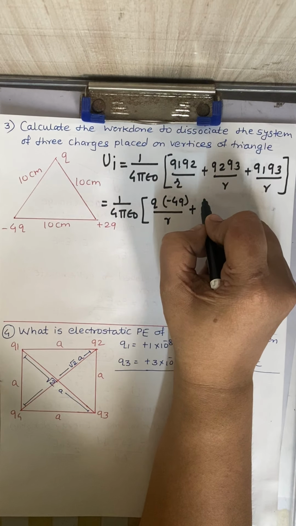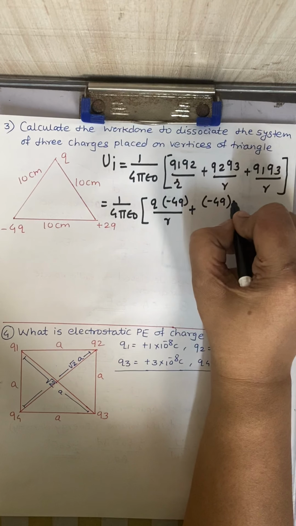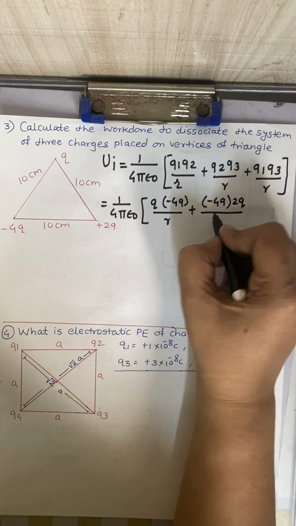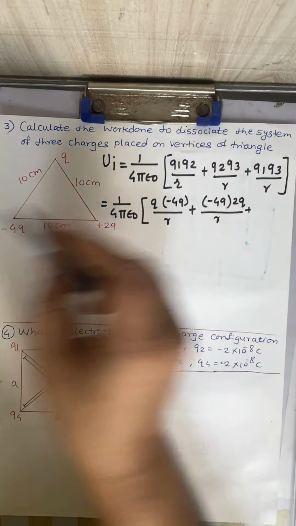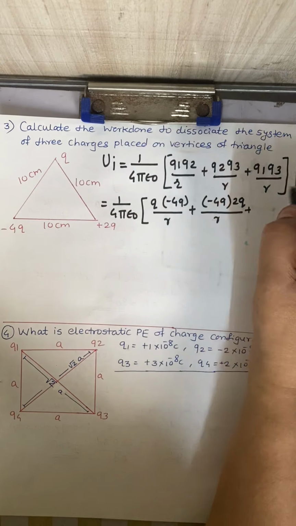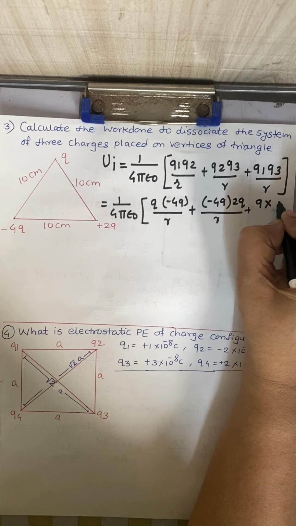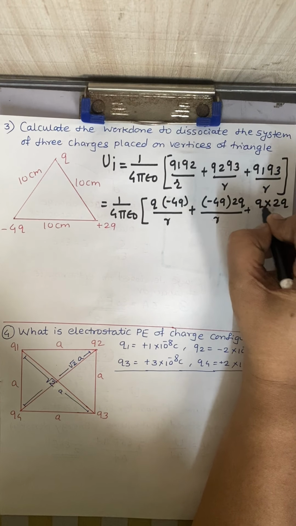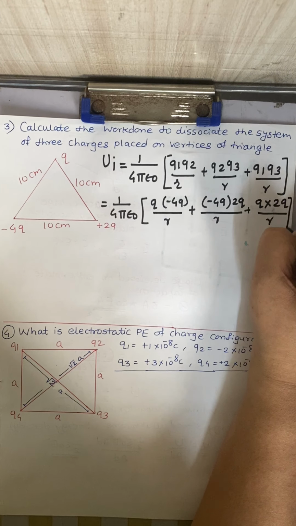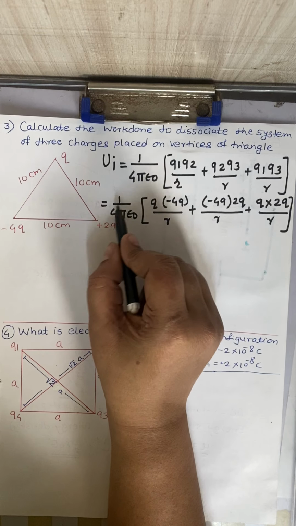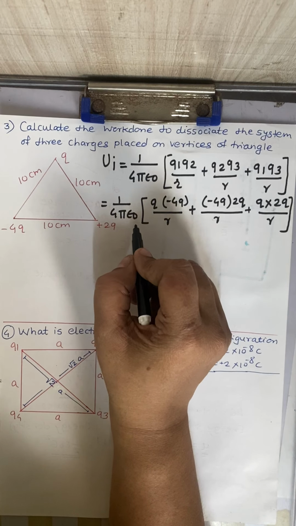Now q2 is minus 4q and q3 is plus 2q, so multiplied by 2q divided by r plus q1 q3. q1 is q and q3 is 2q divided by r.